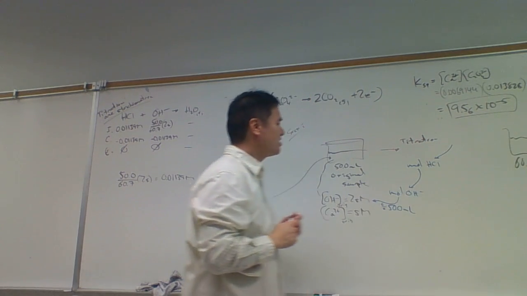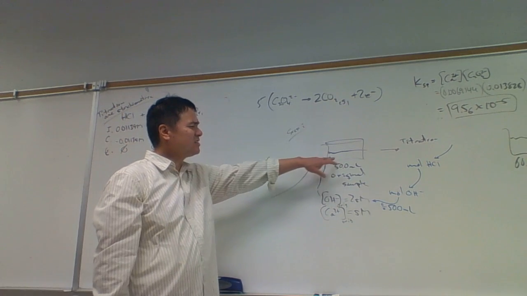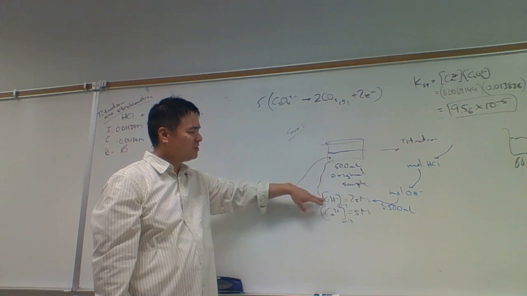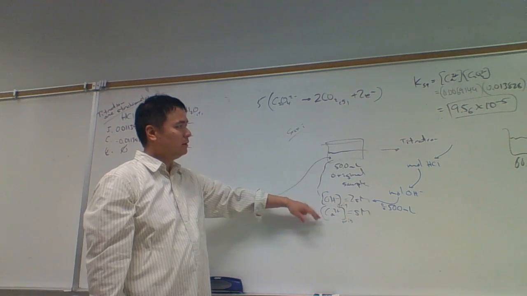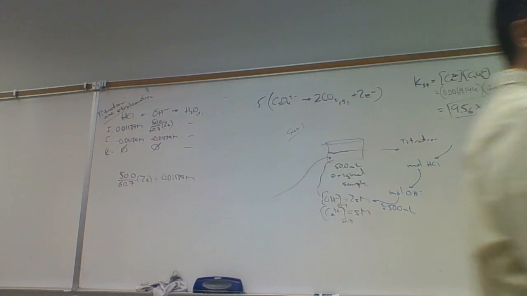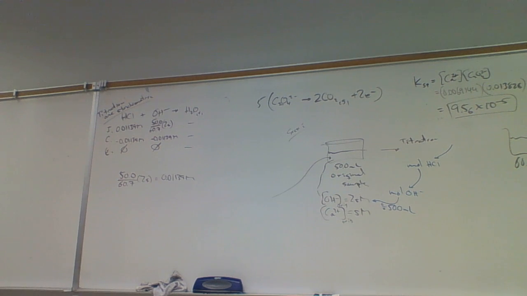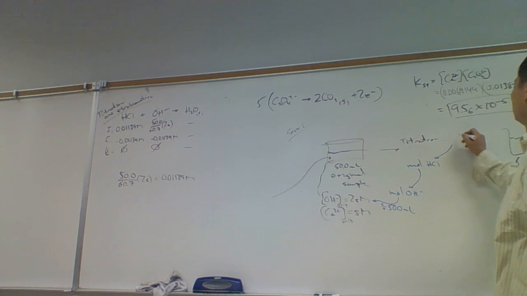This is a saturated solution. Based on this saturated solution, those are the concentrations we have in the original. 9.56 times 10 to the minus 5. Now, we could just do a quick check to see if that looks good by looking at the KSP for calcium hydroxide.